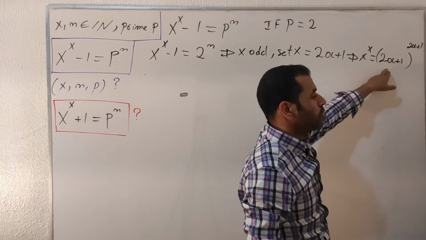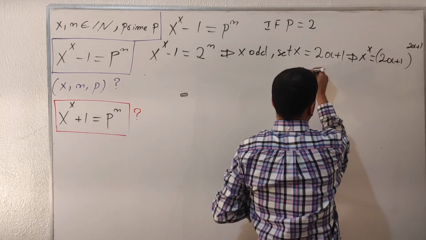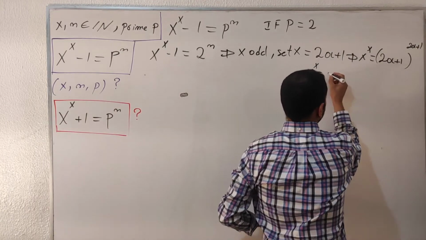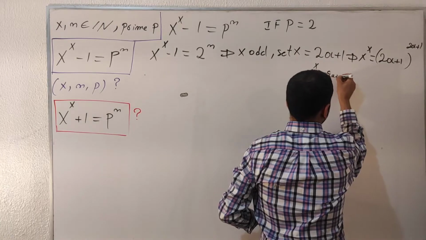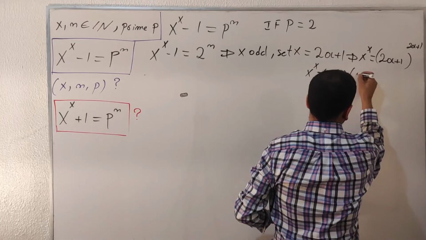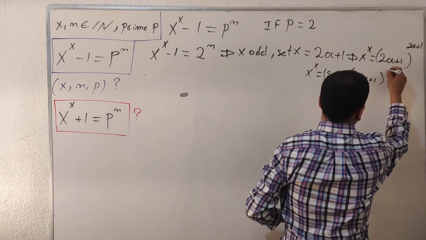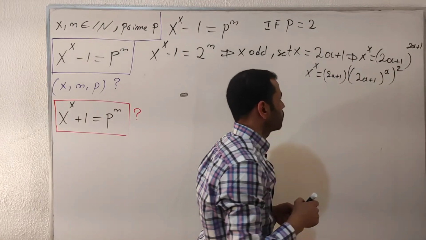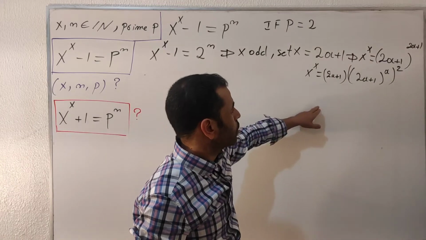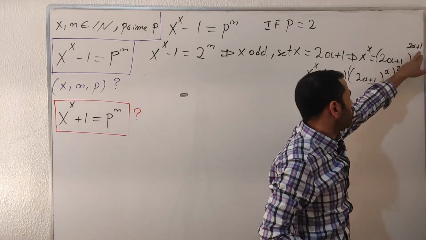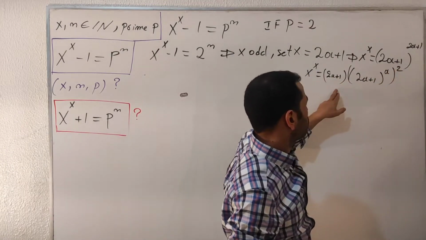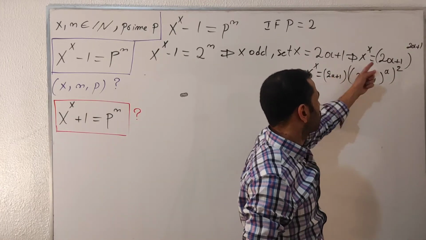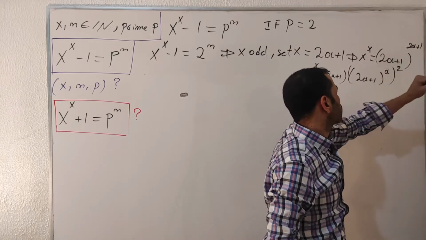This expression will be written in the form of x to the x. This expression will be 2a plus 1 multiplied by 2 to the a plus 1, to the a, squared. What I have done here is take out this 1. It was 2a plus 1, because if you multiply 2a plus 1 by this one, it is going to be of this form, 2 to the a plus 1.